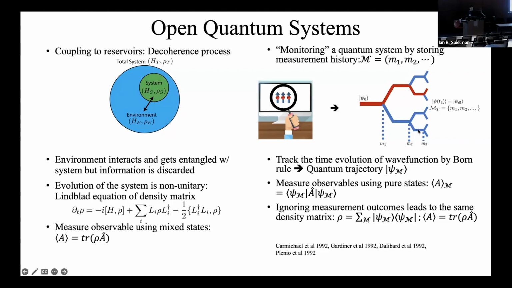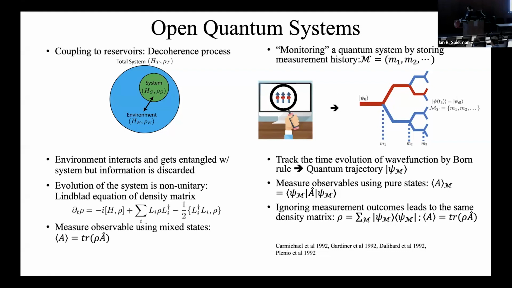Depending on the number of these measurements between the system and the environment, we can have many branches, and this number of branches scales exponentially with the number of measurements applied on the system. We can track the time evolution of the system by the Born rule, and this way we have the quantum trajectory of the system.